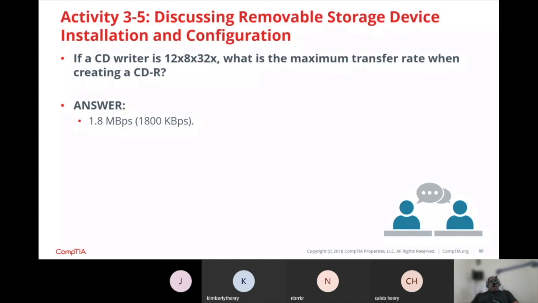So that will be 1.8 megabits or 1800 kilobits per second. But that speed chart is actually in your book. Chapter 3, Activity 3.5.